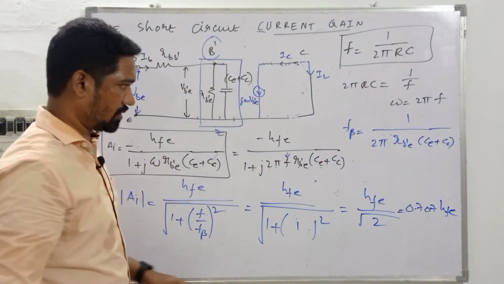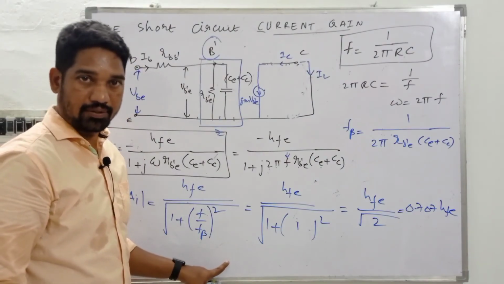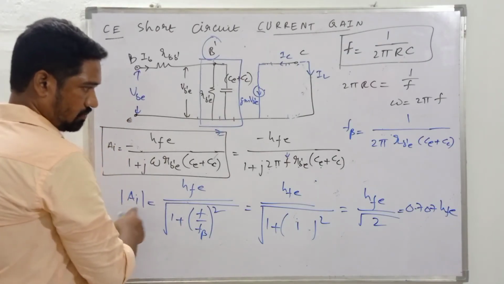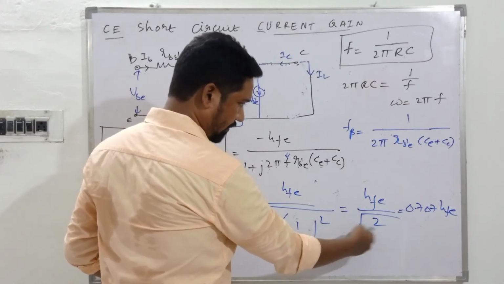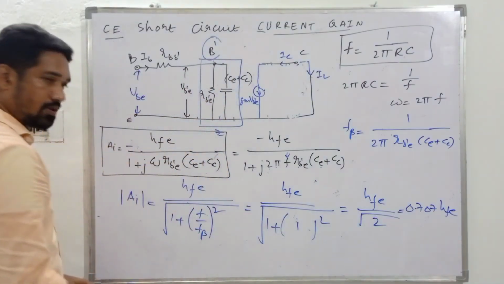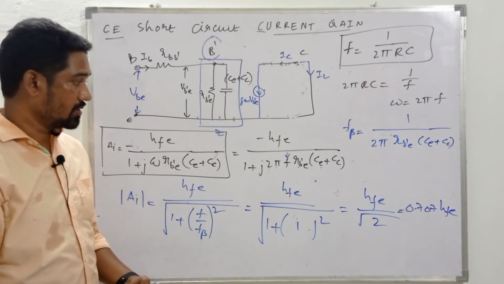So that's the definition for f beta. The frequency at which the current gain reduces to 1 by root 2 times HFE, 0.707 of the final value, HFE. So that's the definition for f beta, right?